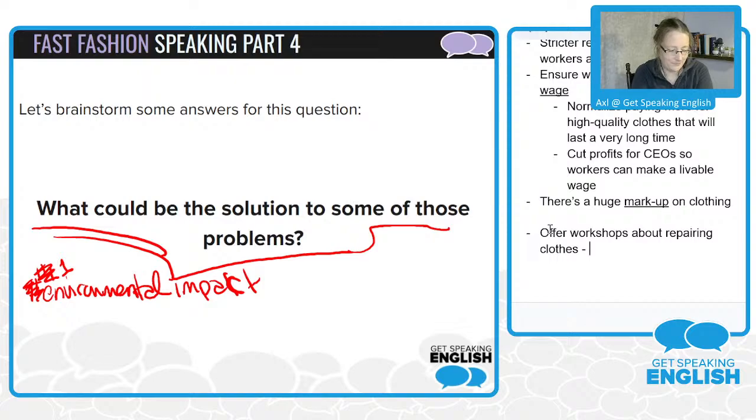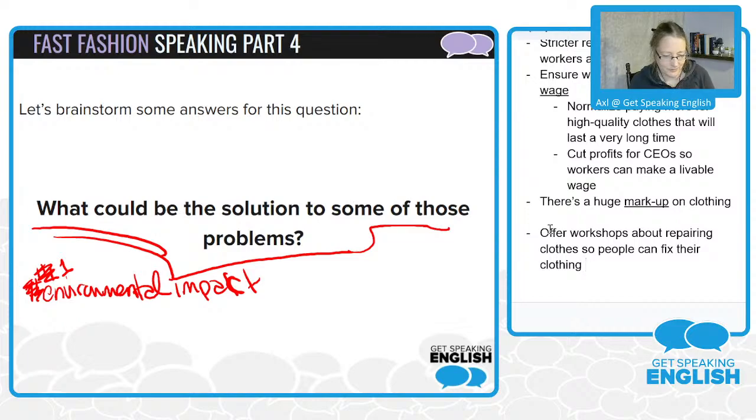Those kinds of skills, we're kind of losing those skills. So maybe offer workshops or classes about repairing clothes so people can fix their clothing, potentially. Or offer places where people can take their clothes and get them fixed for cheap, maybe? I don't know.